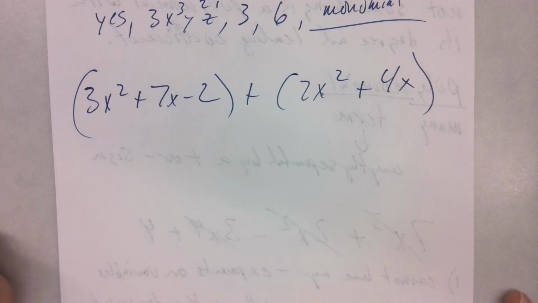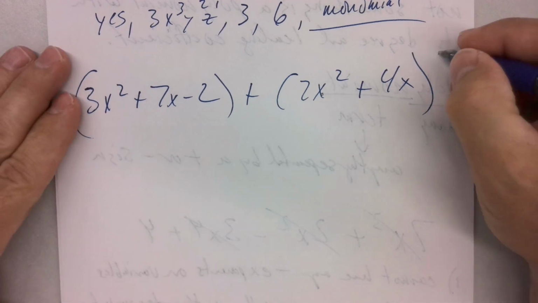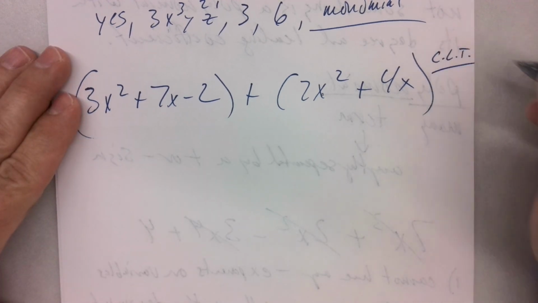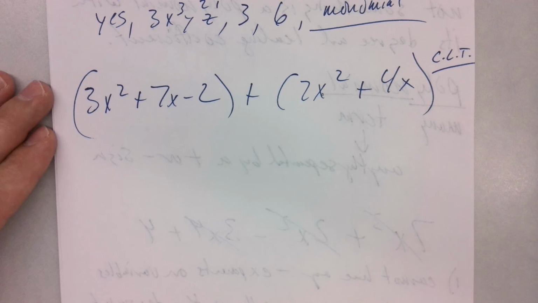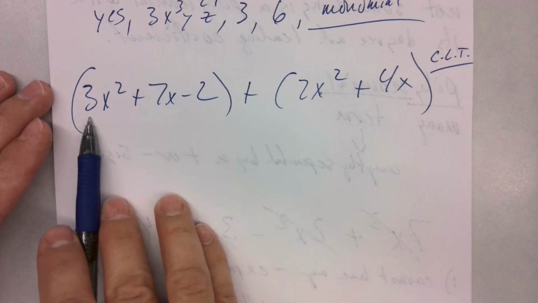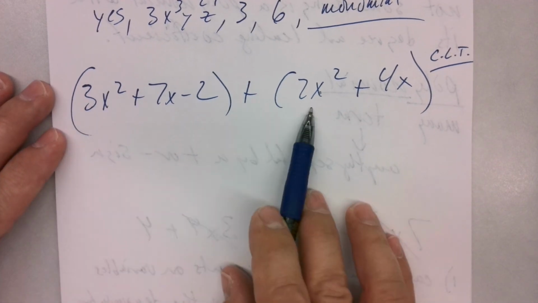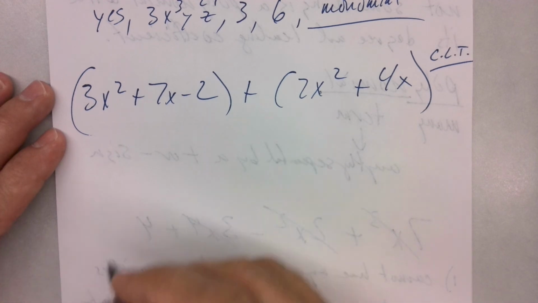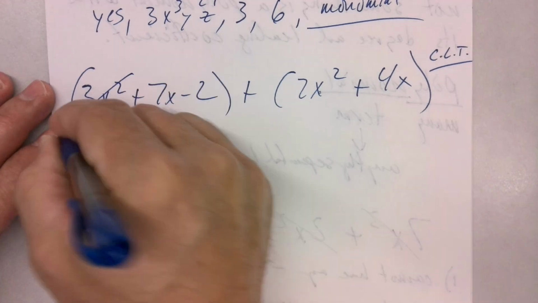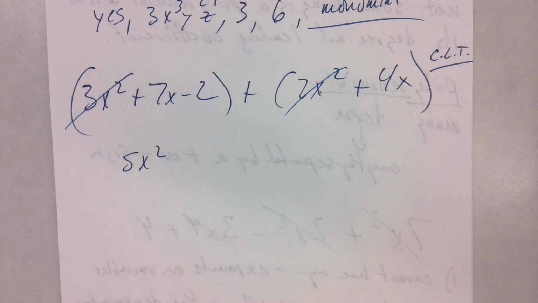Add those two equations together, right? So what am I really going to do here, though? I mean, Starkey's right, I'm going to add. Okay, but what's really going to happen? I'm going to combine like terms. I'm going to chicken, lettuce, and tomato that sucker, right? So I got 3x squared, and 2x squared is going to give me what? 5x squared, right? When I add, the only thing I add are the what?